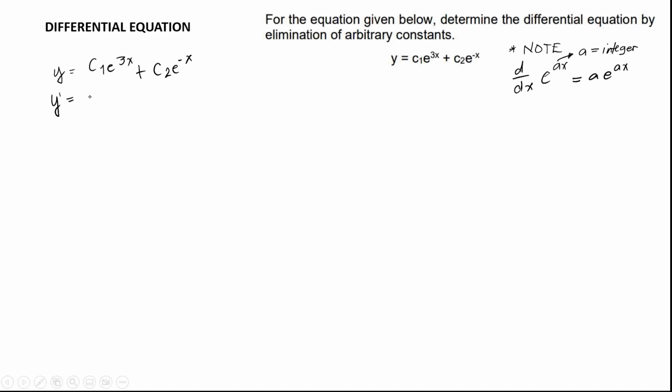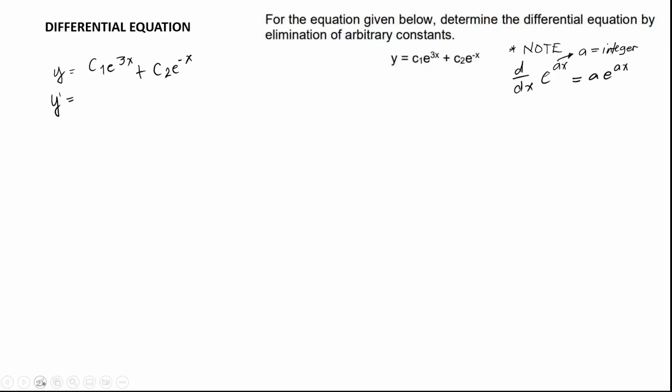The derivative of that is 3, so that is 3c1 e raised to 3x plus the negative 1 c2 e raised to negative x. Then we get y double prime.